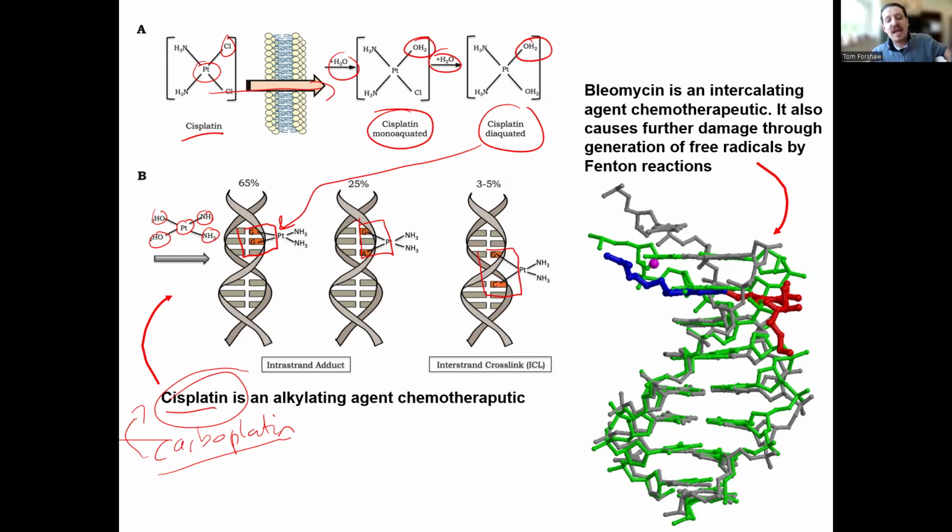And this makes it so the DNA can't unwind because these are alkylated and joined together. DNA can't unwind, the genes can't be read, and then the cell says, hey, I'm trying to duplicate, I can't, this isn't working properly, and then the cell just dies instead.